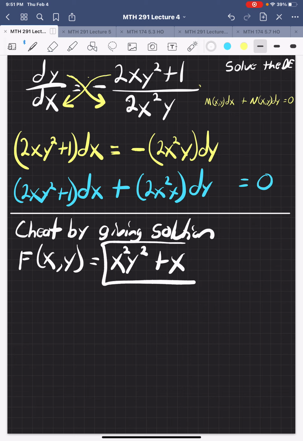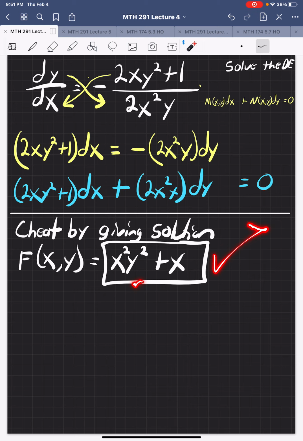We didn't have to work for it at all, but here's the solution. And for the remainder of this video, the only thing I want to do is show you how you can rest assured that this is the solution to that differential equation.